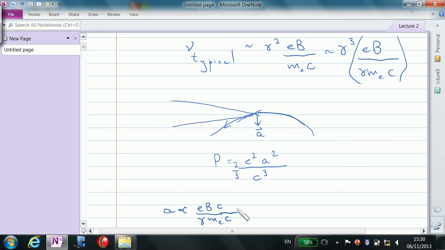That's the acceleration in the electron frame, so I have to put a B prime here. B prime is, let's say, gamma times B. It's eBc squared divided by mc.